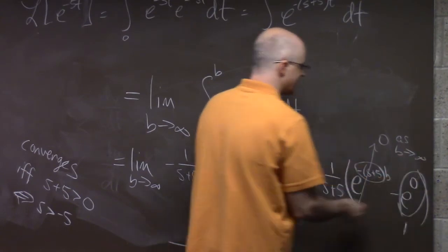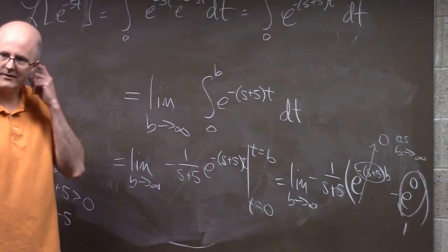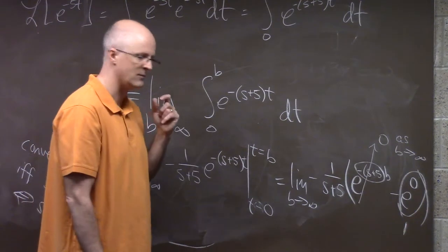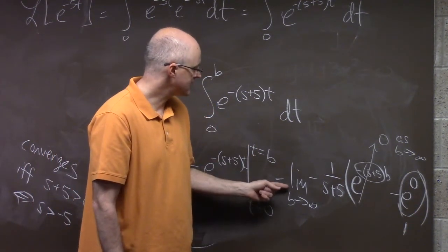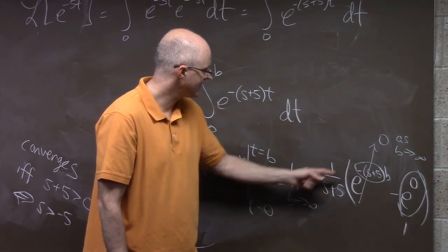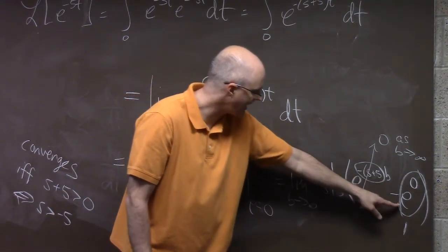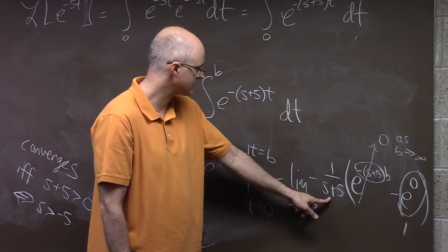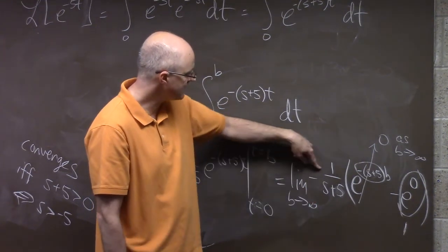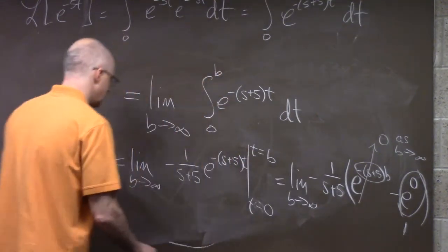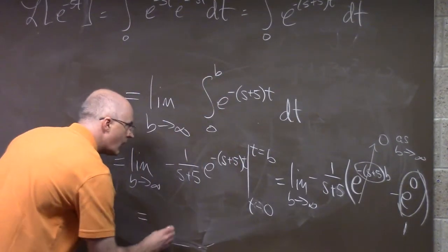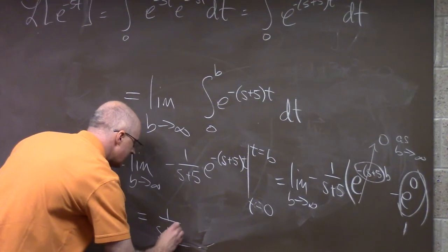That's not the best notation to use in reality, but I'm running out of board space here. So you have the limit as b goes to infinity of this, that's 0, and this is a constant with respect to b as well. You really have negative this times negative 1. The negative signs cancel, and you're left with 1 over s plus 5.